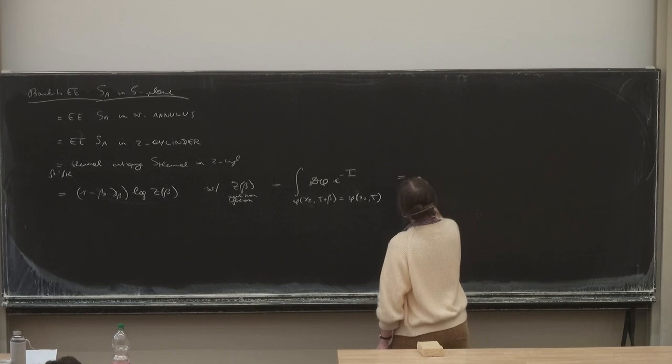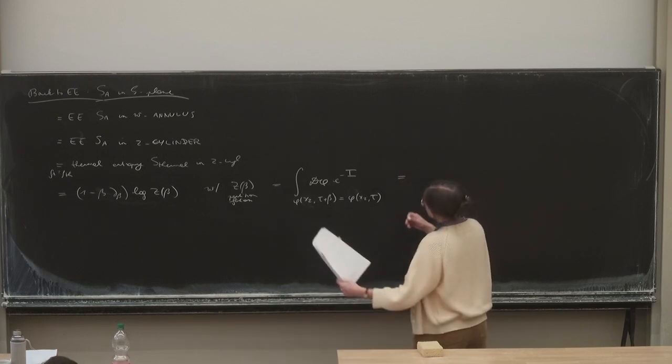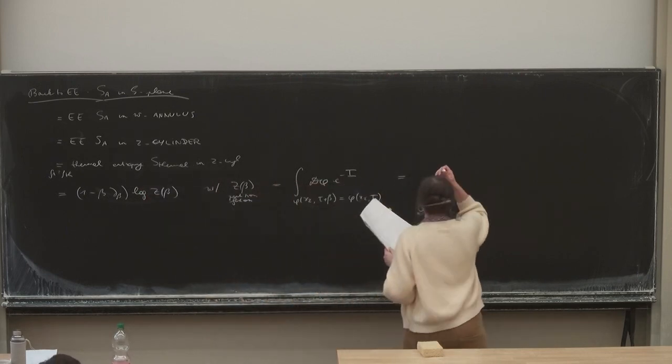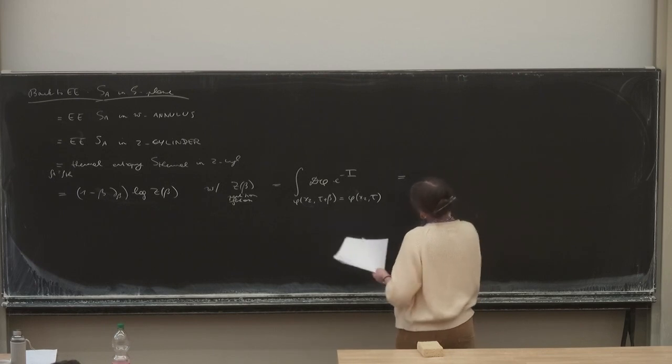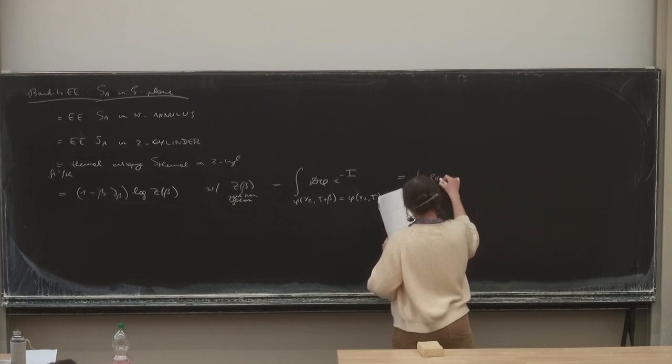Okay, so you can write your partition function either as that Euclidean path integral over a compactified Euclidean time, or you can write it as the trace of the thermal density matrix.